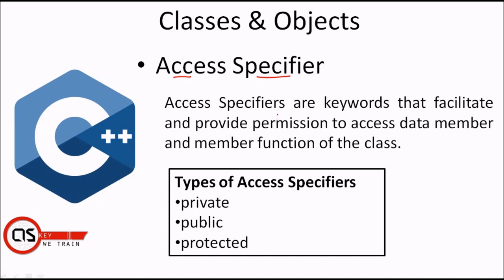You can decide and provide protection on whether an external function can access your data members or member functions. So we have three types of access specifiers, and they are keywords. Private is the first access specifier, the second is public, and the third is protected. So we shall discuss them one by one now.